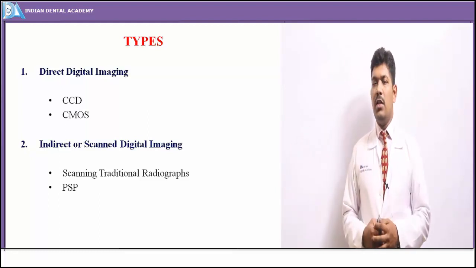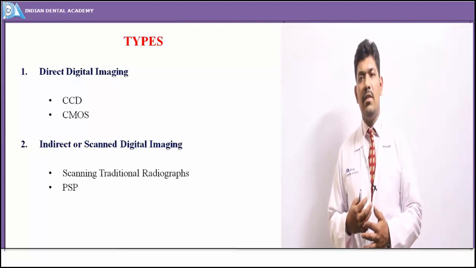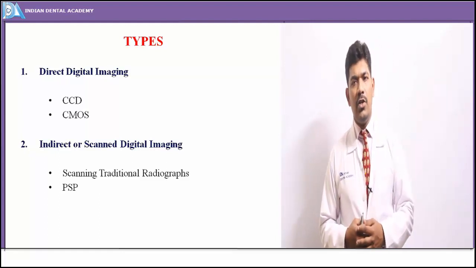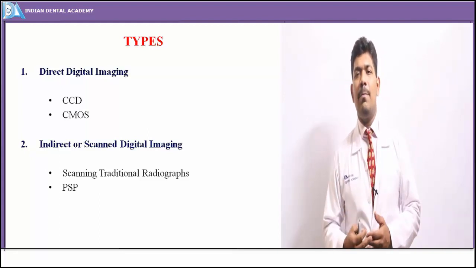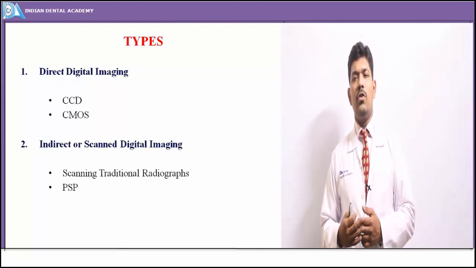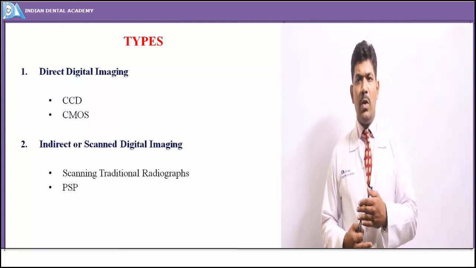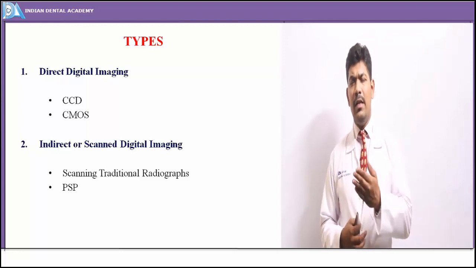Among these we have your CCDs and CMOS. CCD is nothing but charge-coupled device. This is one of the most traditional and conventional types of direct digital imaging. CMOS, also called complementary metal oxide semiconductor, is the next step ahead of CCDs, with a few advantages over CCD, which I'll talk about later.